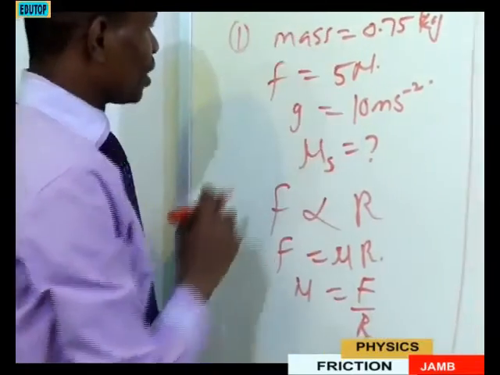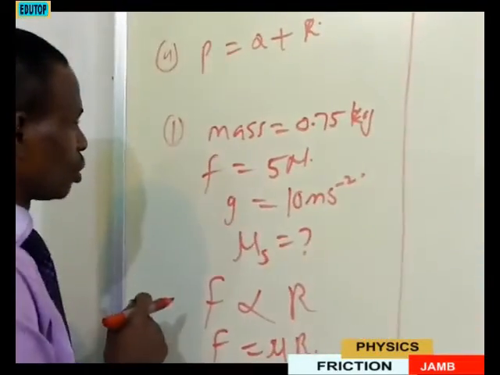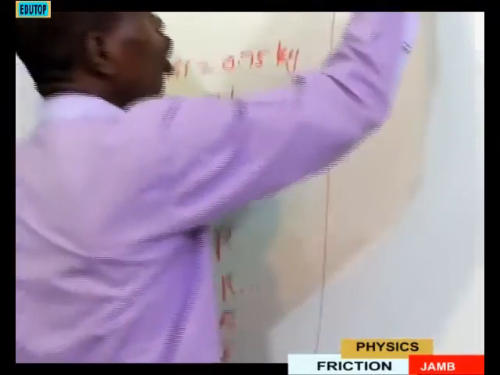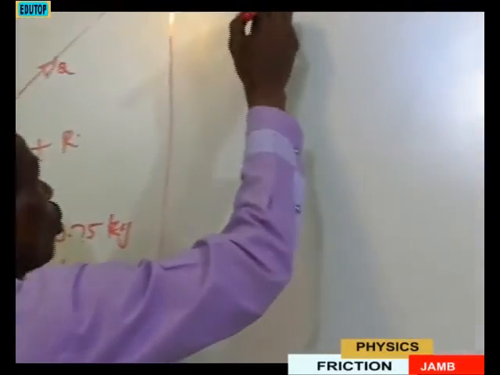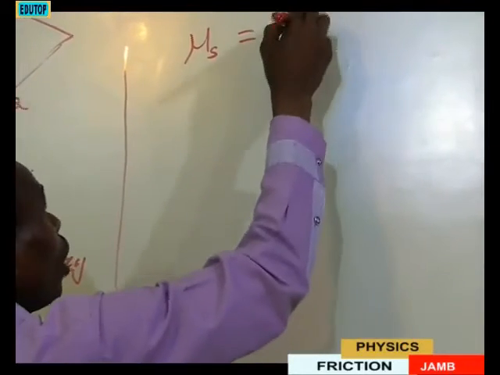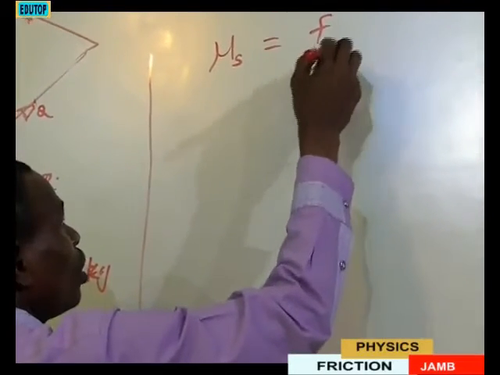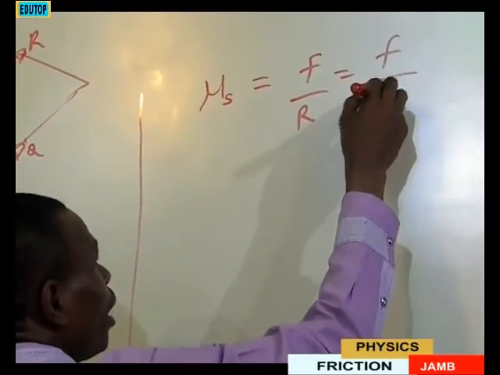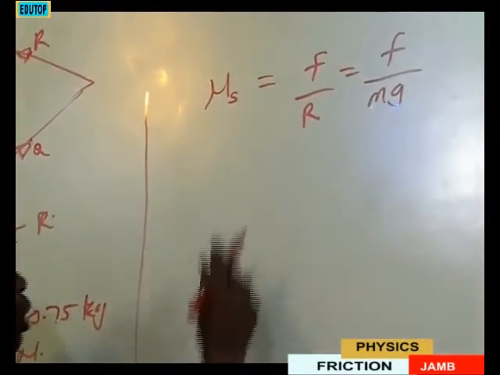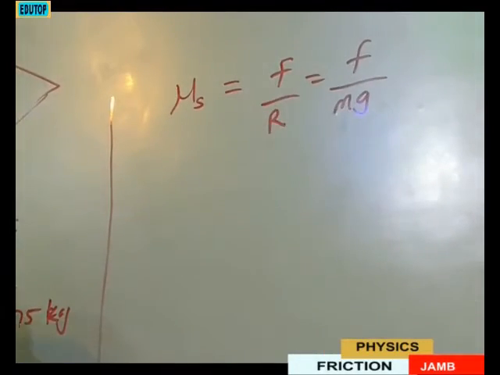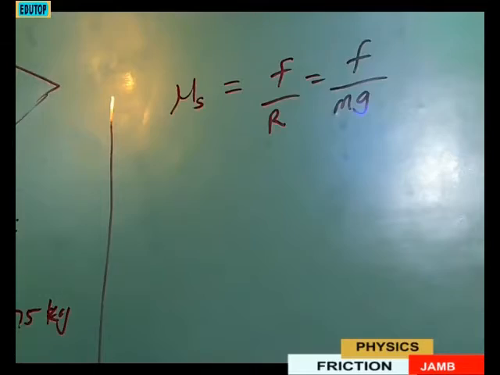We are given mass, we are given force, we have the value of g, and we are looking for this. So to calculate the coefficient of static friction, it will be equal to force over reaction, which is force divided by mg, because our reaction will be equal to the mass of the body times the acceleration due to gravity.